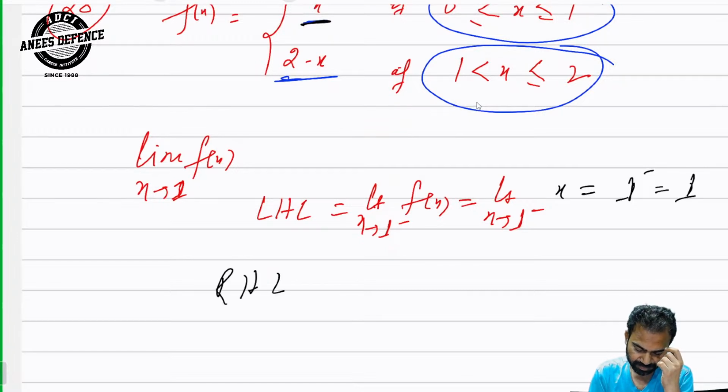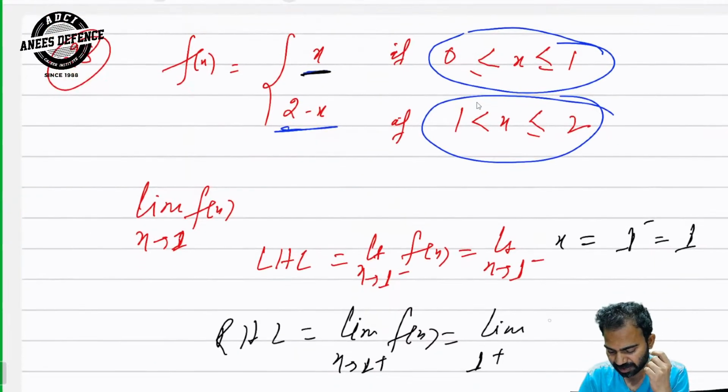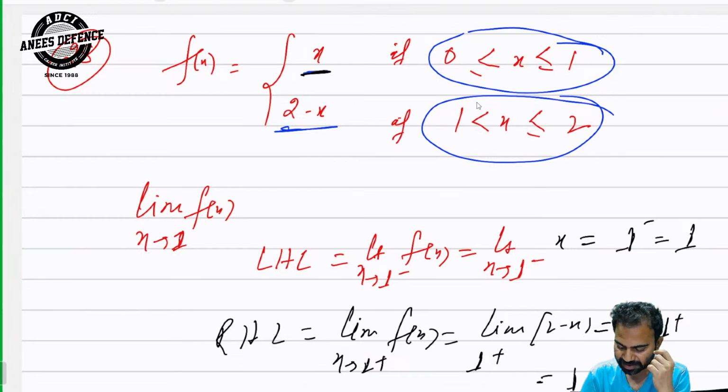Now RHL, limit x tends to 1 plus f of x. For 1 plus, x is in 2 minus x. So 2 minus 1 plus, it will be 1 minus.